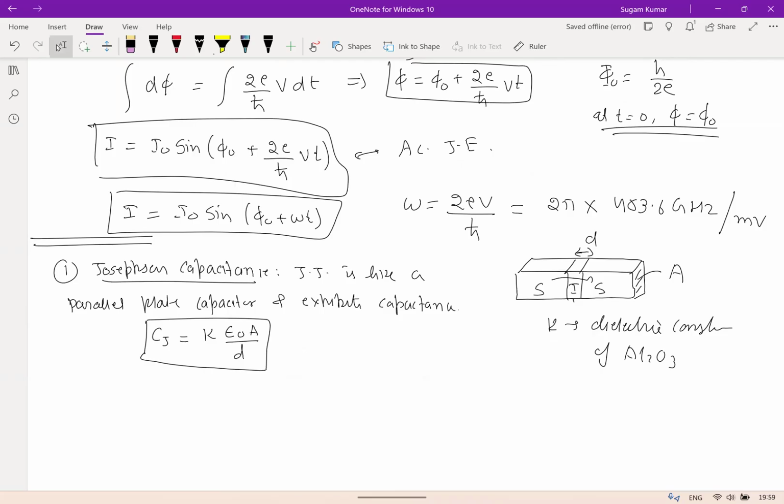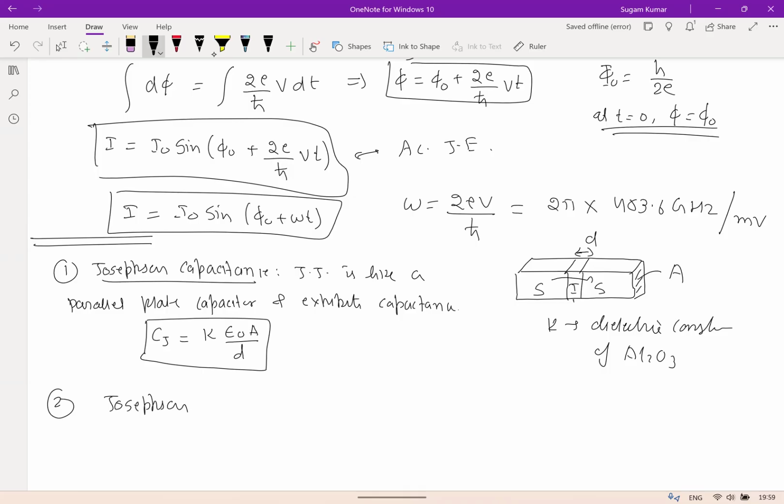Further, another point, please note down. When you talk about a voltage applied, this Josephson junction is also going to act like an inductor.